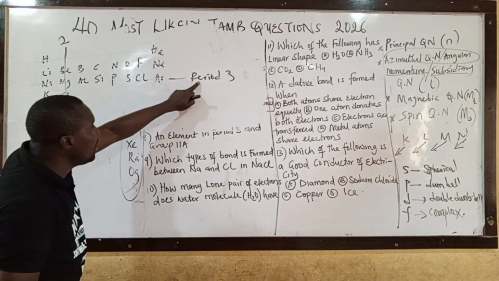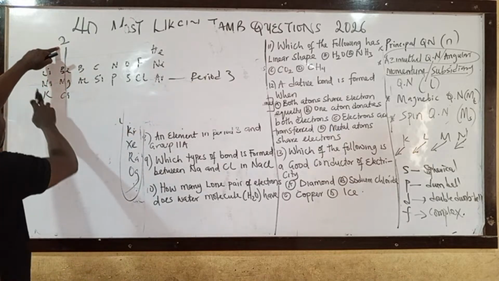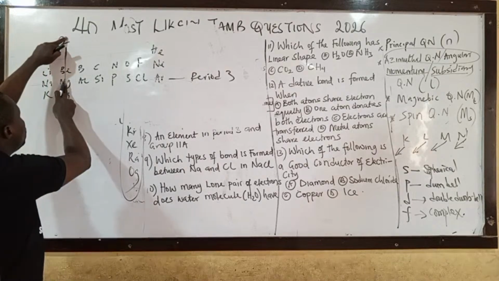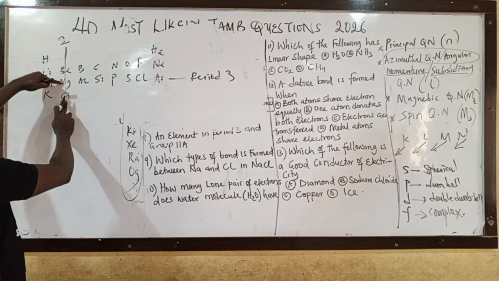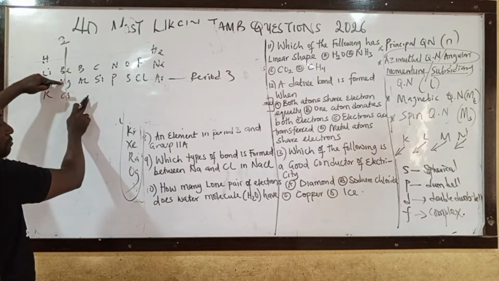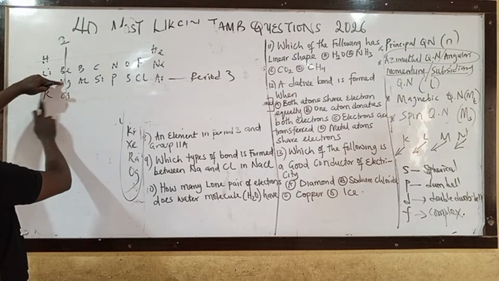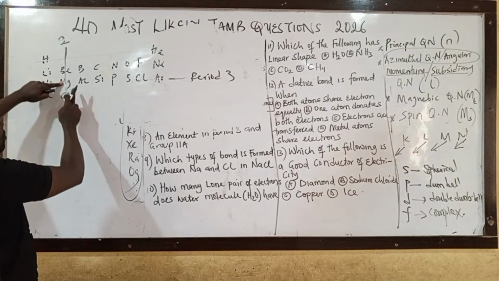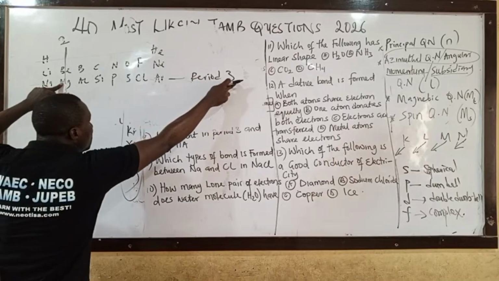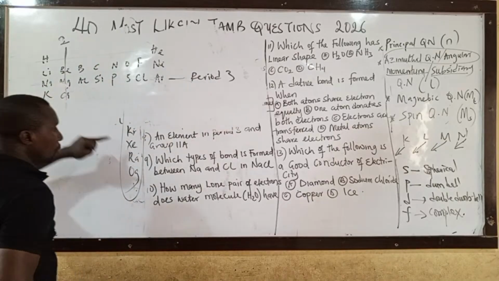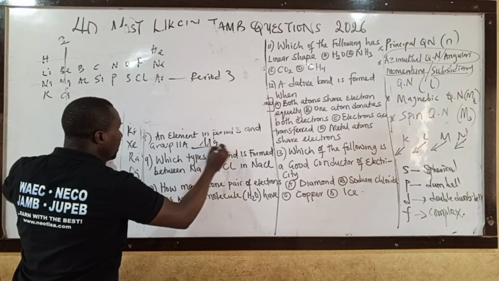Then period 3, group 2, that is magnesium. Don't forget, calcium is in period 4. We say period 3, then group 2, that is magnesium. The answer to that question is magnesium.